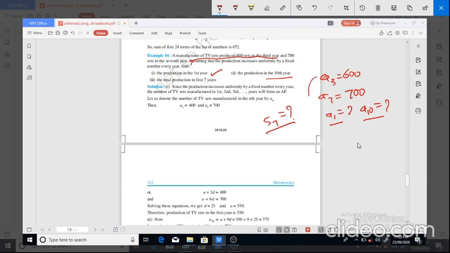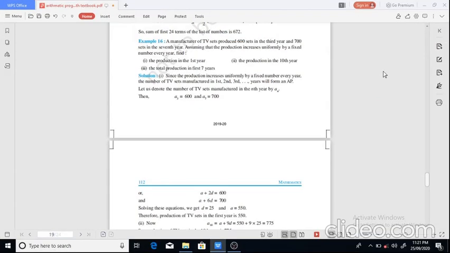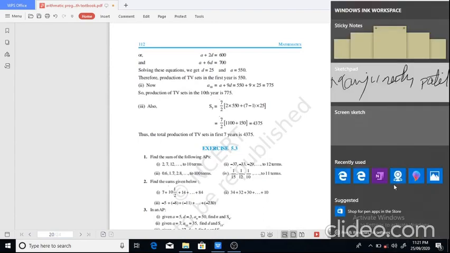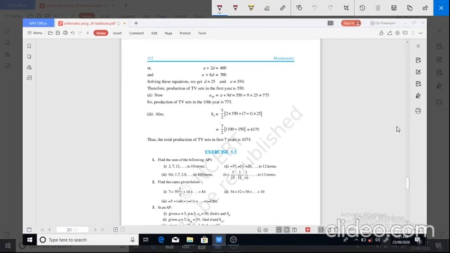First, using the given data, we have to find the next terms. Okay. a3 means a plus 2d equal to 600. What is a7? a plus 6d equal to 700. Okay. They are given here. So by subtracting these two, a plus 2d equal to 600, a plus 6d equal to 700.